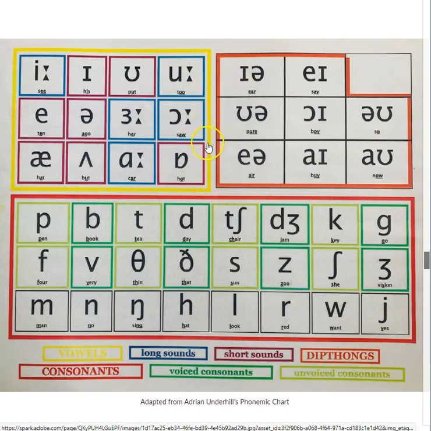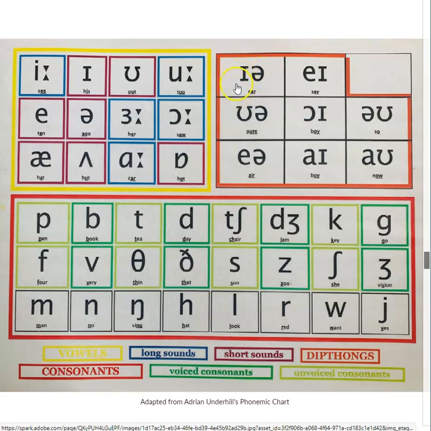This section here, which has the orange outline, these are called diphthongs. And basically they are like long vowel sounds, but your mouth has two movements, so it's like two vowels joined together without a syllable.